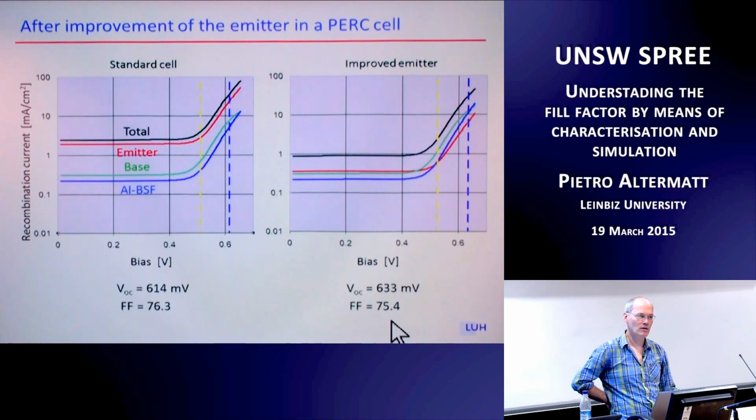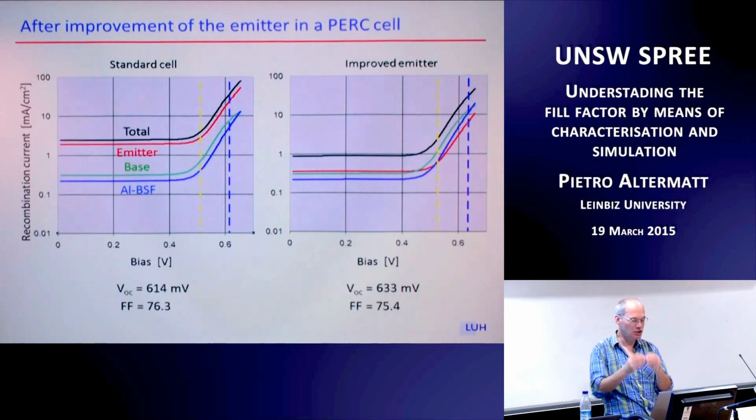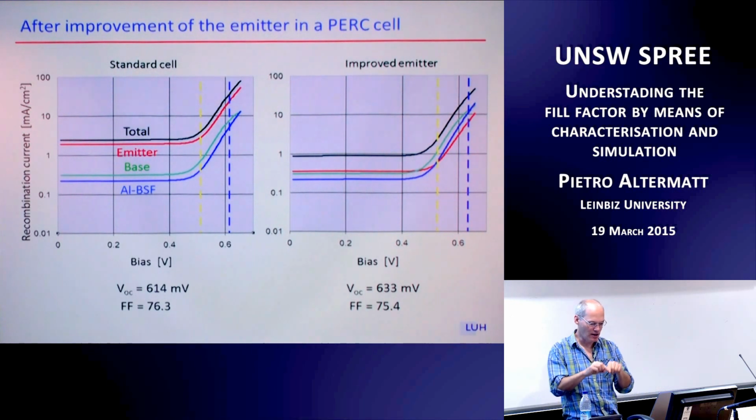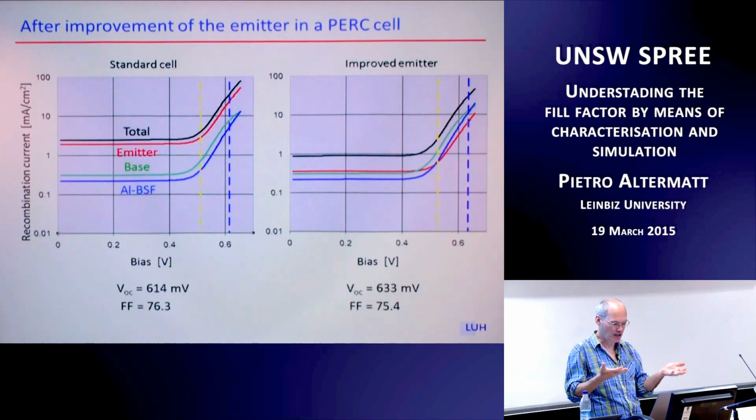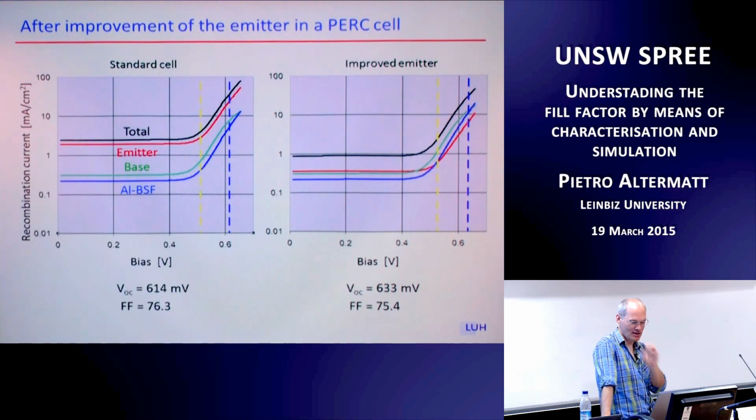And you think, okay, I improved the emitter by a light diffusion. And that gives me a high sheet resistivity in the emitter. So when the current flows along the emitter, it suffers from a higher potential drop, and that causes my lower fill factor. So in that case, I simulated it. That's a real life example from a few years ago.